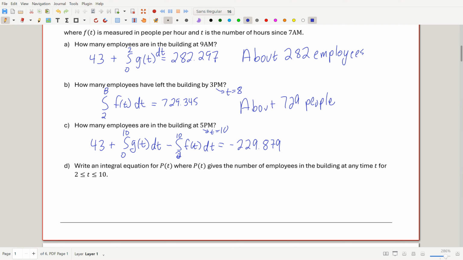So we're literally going to rewrite the same expression, but we are going to put t's here. We also need to be careful because if we put t's here, we've got to change our variables down here.